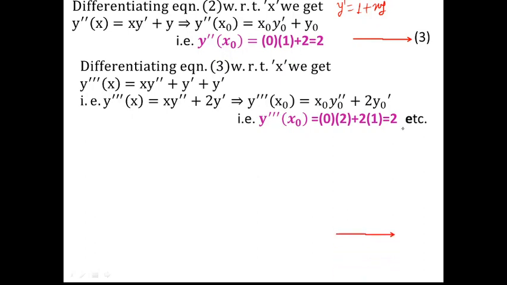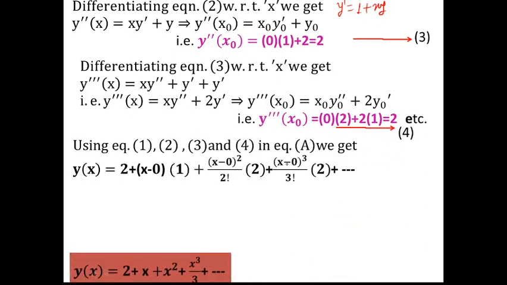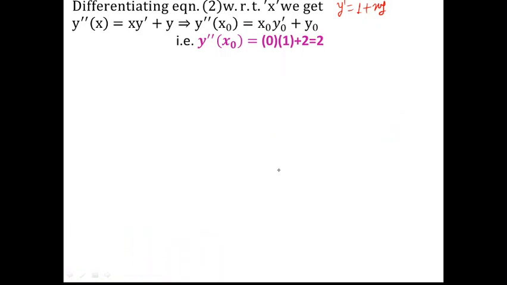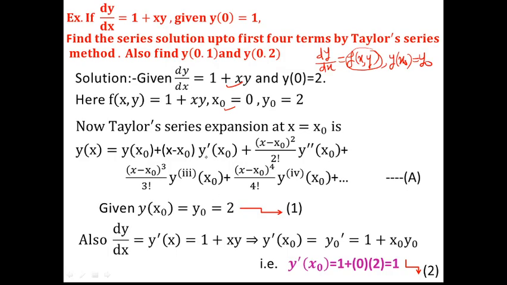So I will not calculate the derivative further. I will just put this in the Taylor series expansion that is given in equation A. So just putting the values in equation A, you can see what equation A is. Here we have to just put the value of y of x naught, which is 2, y dash of x naught, which is 1, then y double dash of x naught, which is also 2, like this, right?